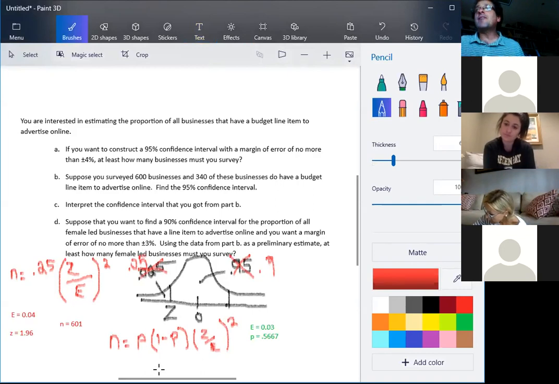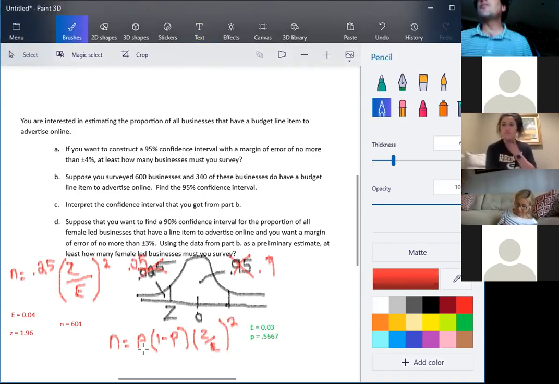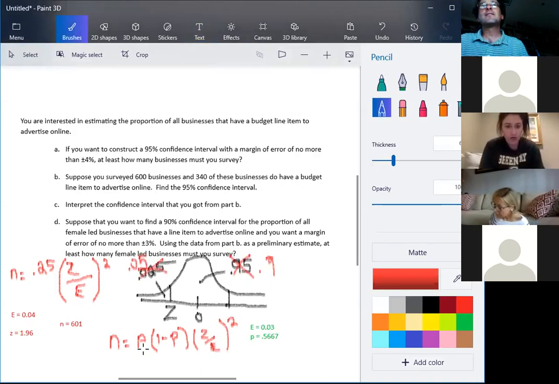All right, so now we can go to invNorm of 0.05. And invNorm of 0.05 is, I'll let you figure that out. You should get 1.645. I have these memorized because they're important. Let's see if you guys can do it.